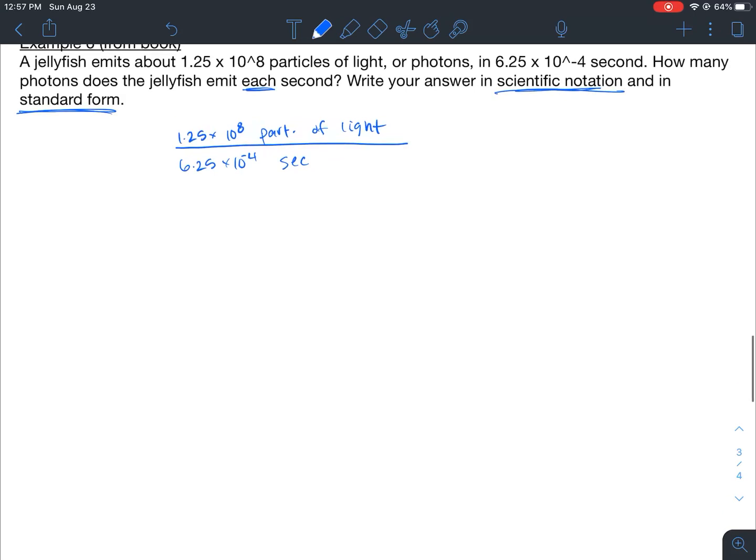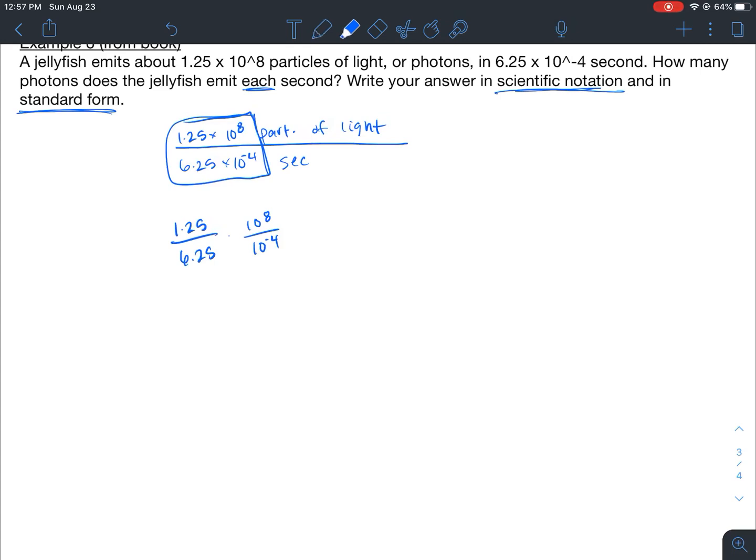So here, if we just break this down, we have a quotient and we have exponents. So now we just have to use our exponent properties. So we have 1.25 divided by 6.25 times 10 to the 8 divided by 10 to the negative 4.